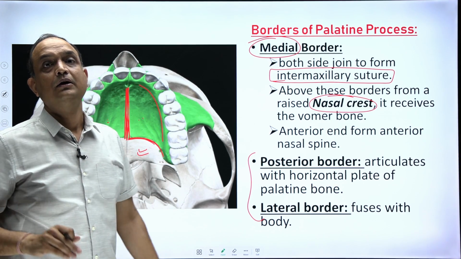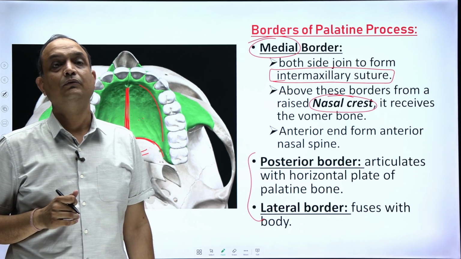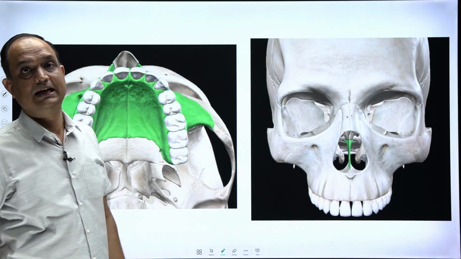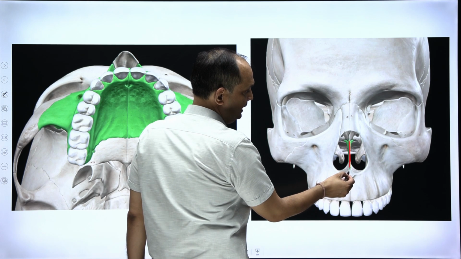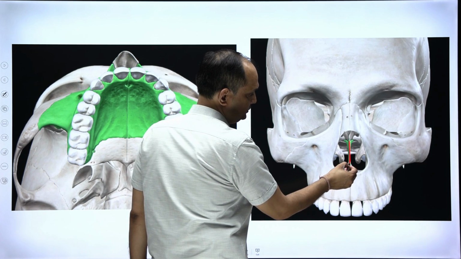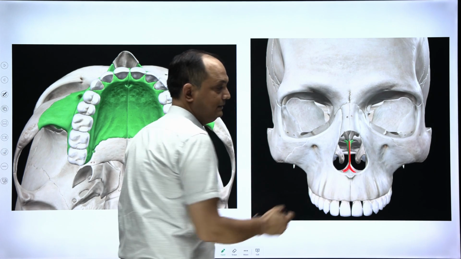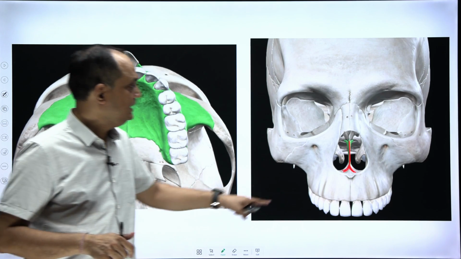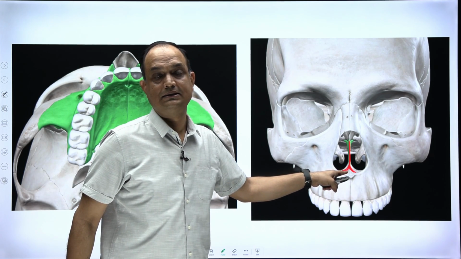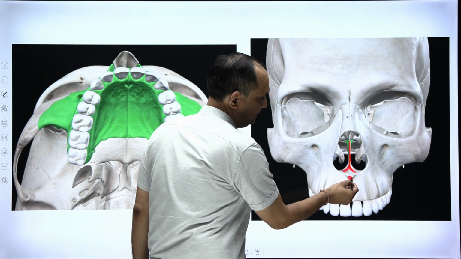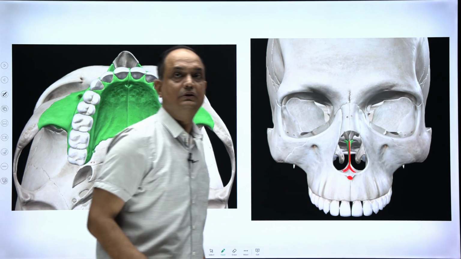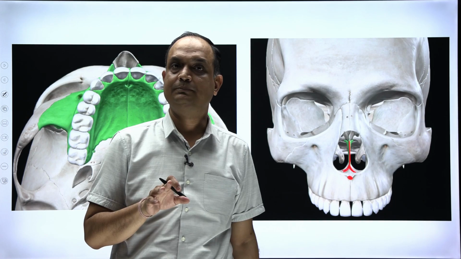The vomer bone is visible in this diagram. Here you can see a midline bone which is the vomer bone, and the projection produced in the midline by the medial borders is known as nasal crest. Clear? And there is a small projection seen here by this medial border known as anterior nasal spine.